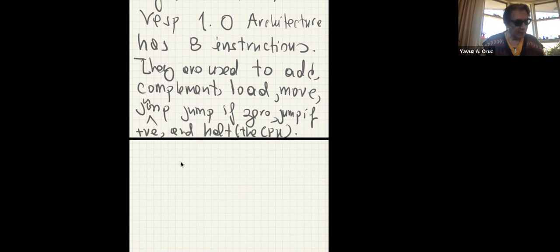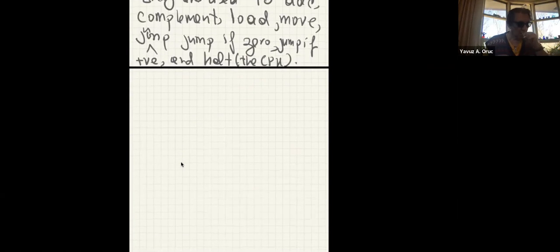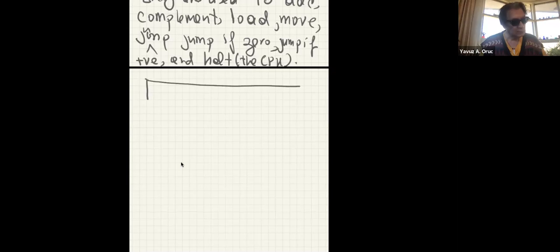So let's now make a table which shows how the opcodes are created for this, what opcodes are. So we're going to use a 16-bit instruction word. Initially, I'm going to put 3 bits into the opcode area. I'm going to make that go up to 4 bits later. For right now, it's going to be 3 bits.